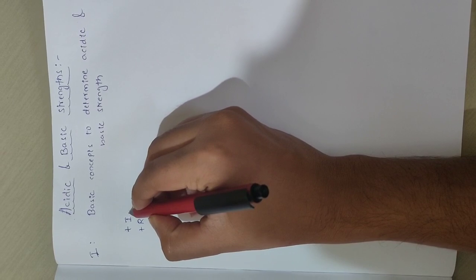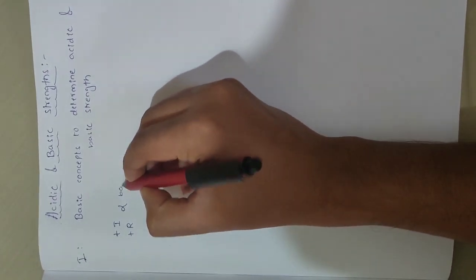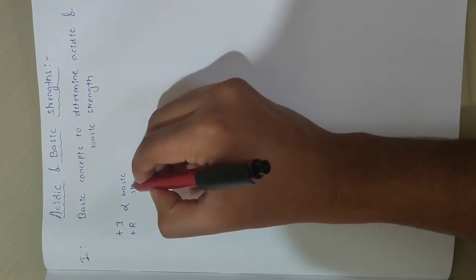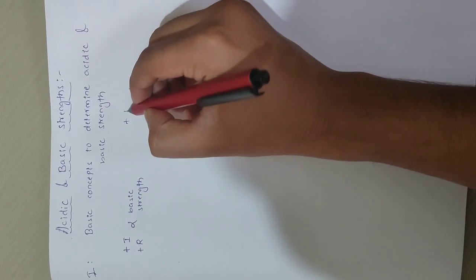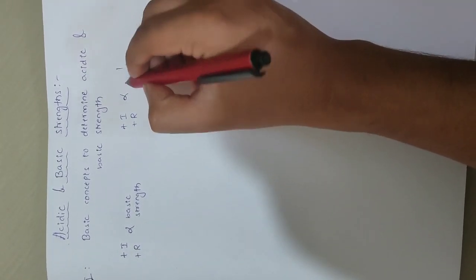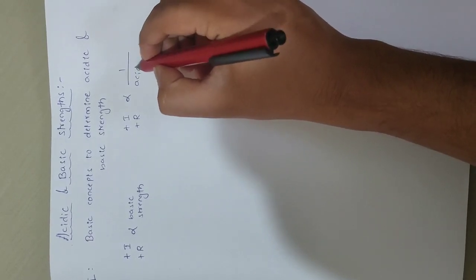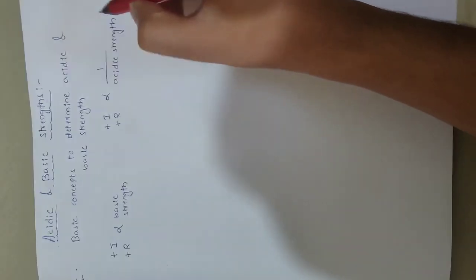The plus I effect and plus R effect are directly proportional to basic strength, and similarly, plus I and plus R effects are inversely proportional to acidic strength.